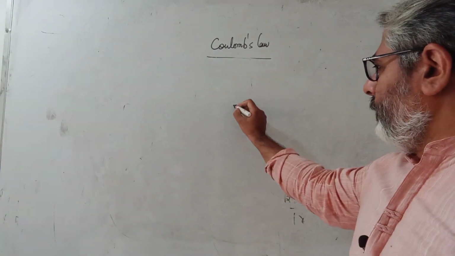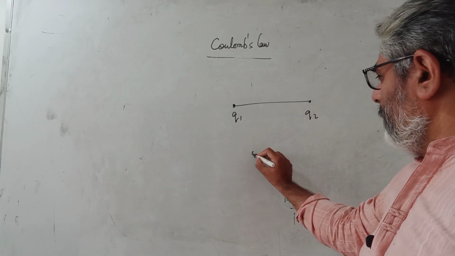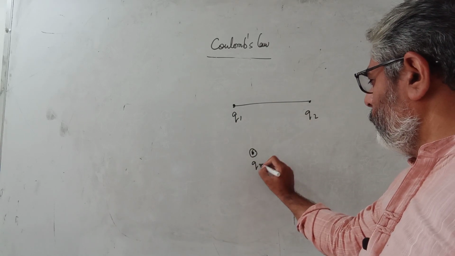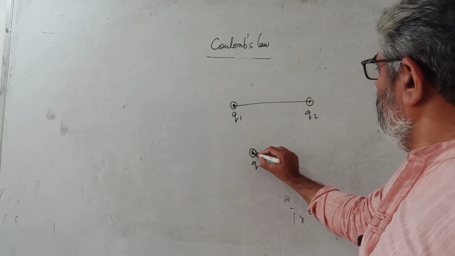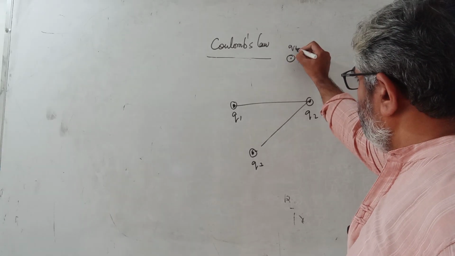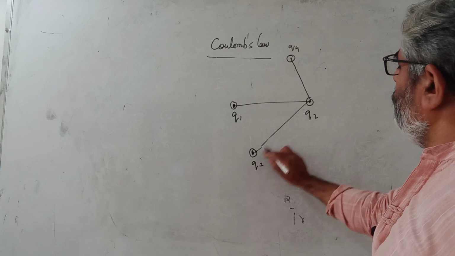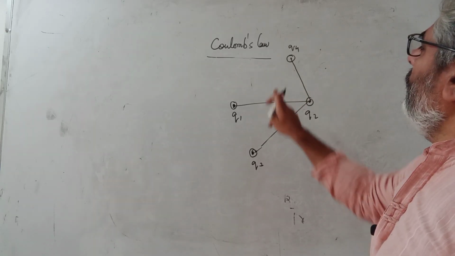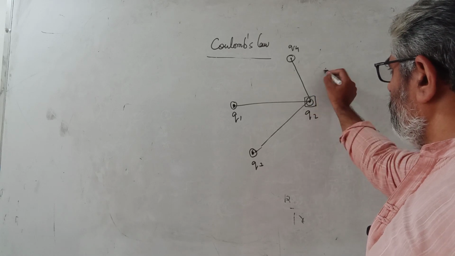For example, if you have a charge q1 and charge q2, and here there is another point charge q3, this is q2, and let us take one more charge here q4, and it can be many. So I now have many pairs, one pair, two pair, three pair, this pair also, this pair also. But suppose we are interested in finding force on q2.